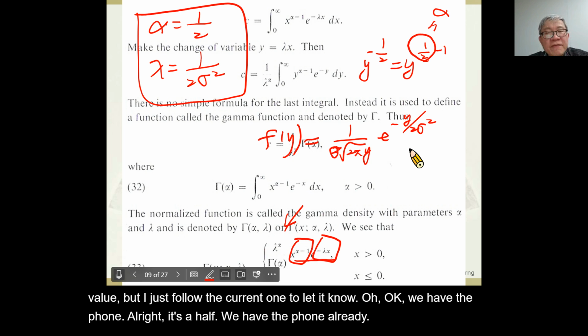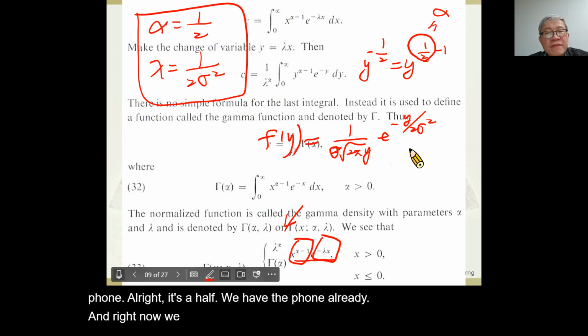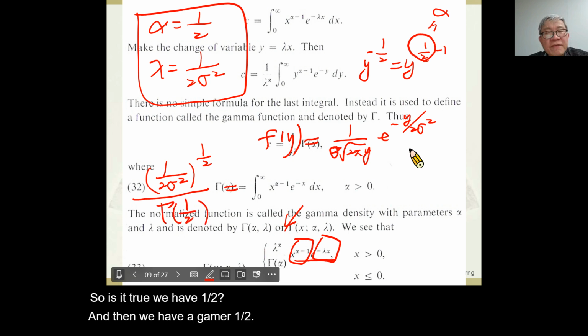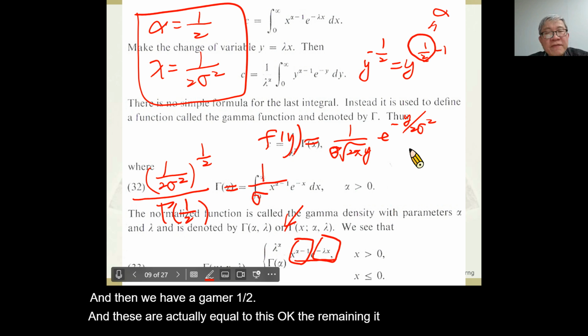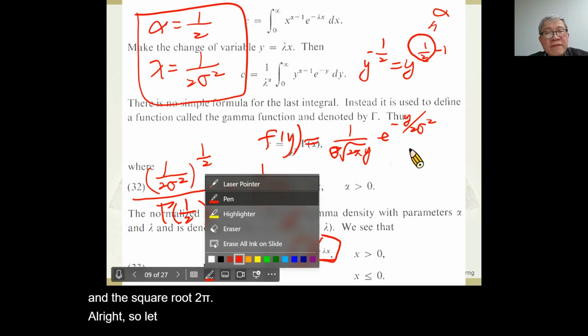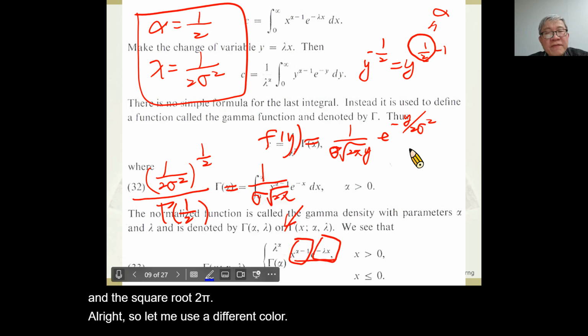And right now, we have a parameter here. So is it true? We have a half, and then we have gamma a half, and these are actually equal to these. The remaining should be sigma and square root 2 pi. Alright, so let me use a different color. Here we have these.